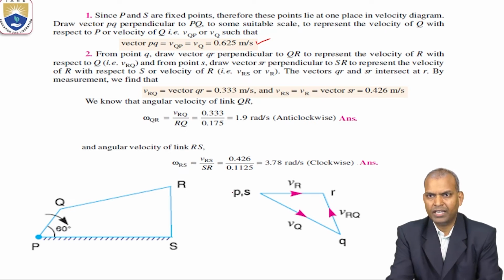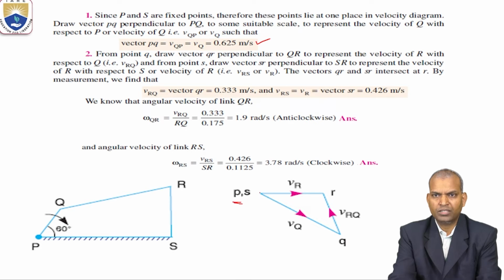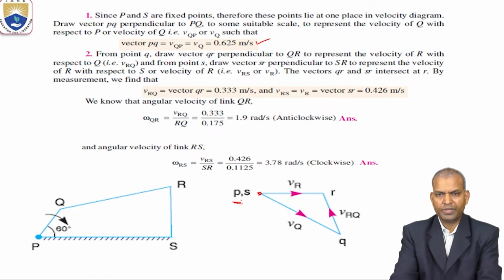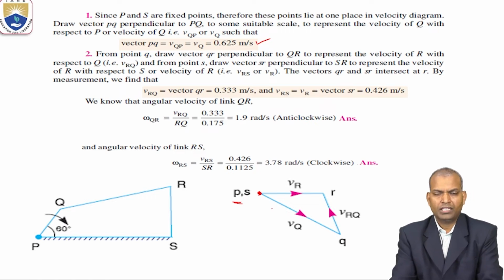Convert this 0.625 meters per second into a suitable vector scale. Then P and S are placed at one point, as they are fixed points. All fixed link points you keep as one pole. Then draw a line perpendicular to the link PQ.